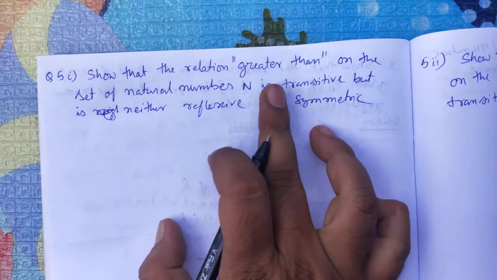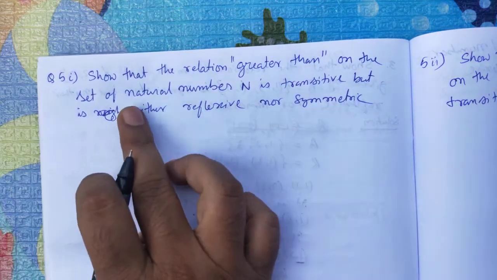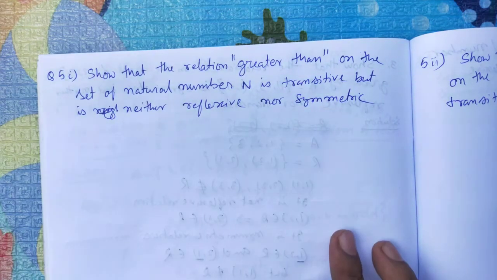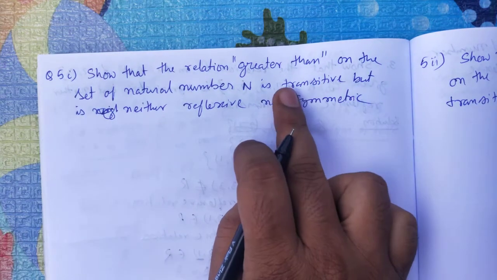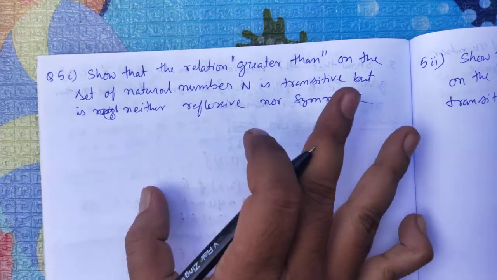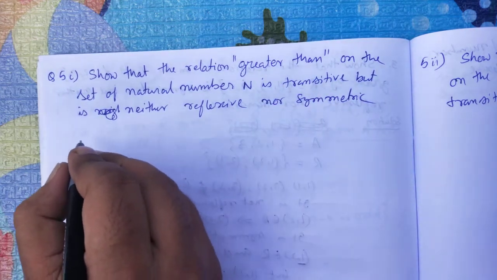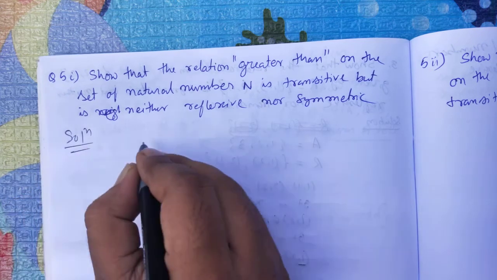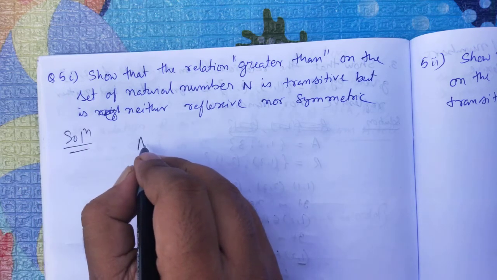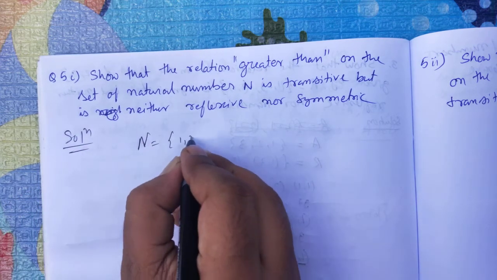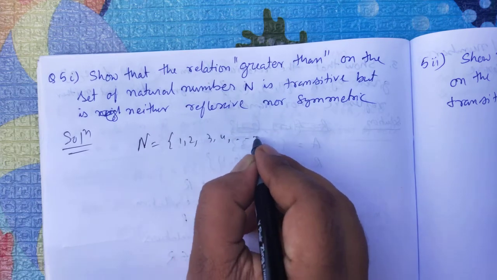Show that the relation greater than on the set of natural numbers is transitive, but neither reflexive nor symmetric. The set of natural numbers means 1, 2, 3, 4 and goes on like that.